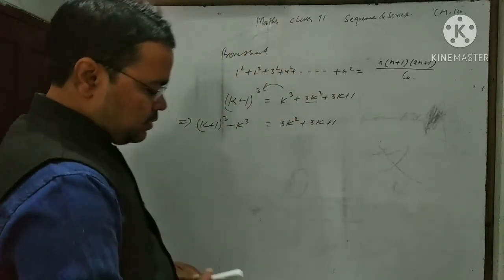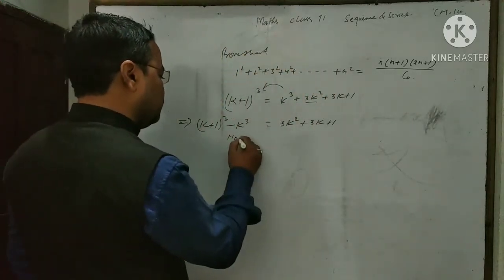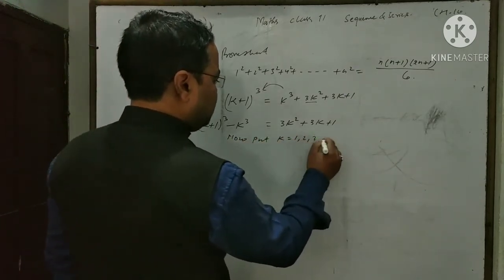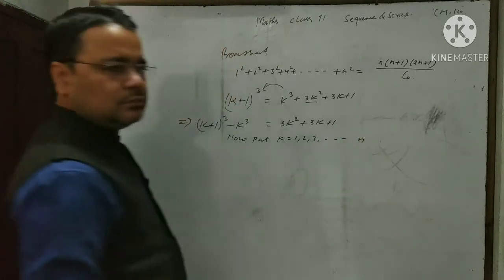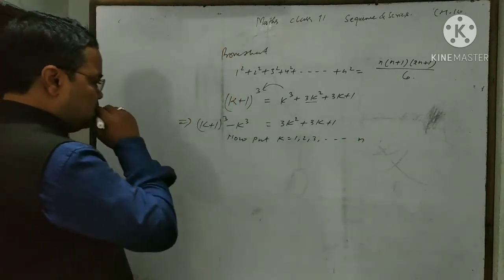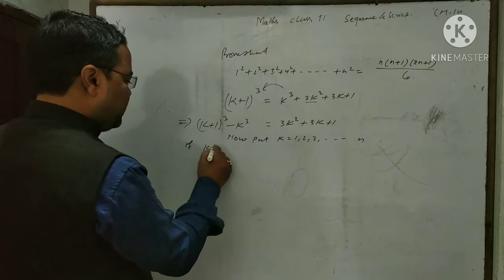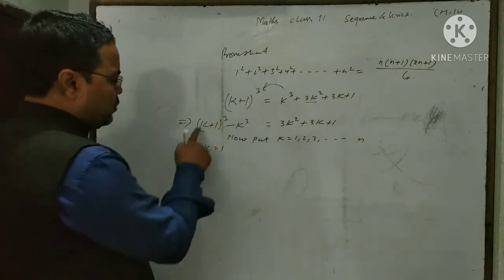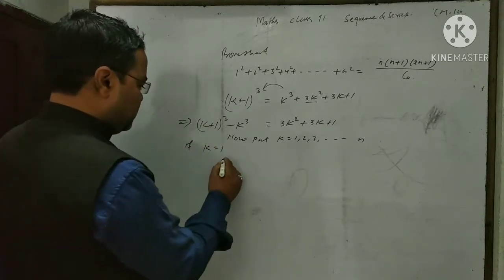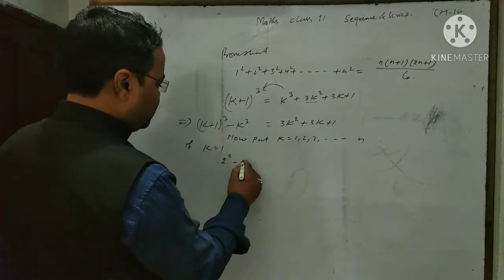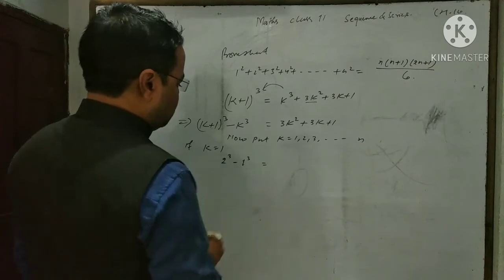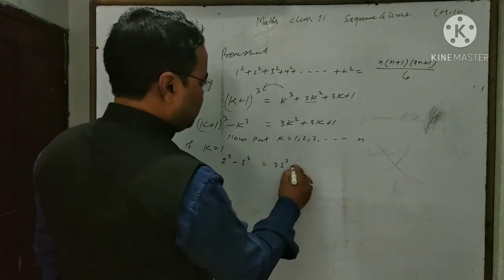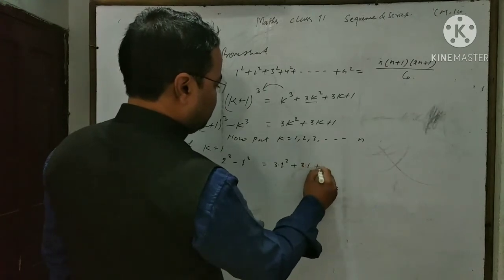Okay. Now put k is equal to 1, 2, 3 up to n. If k is equal to 1, then 1 plus 1 will be 2, and it will be 2 cube minus 1 cube is equal to 3 into 1 square plus 3 into 1 plus 1.